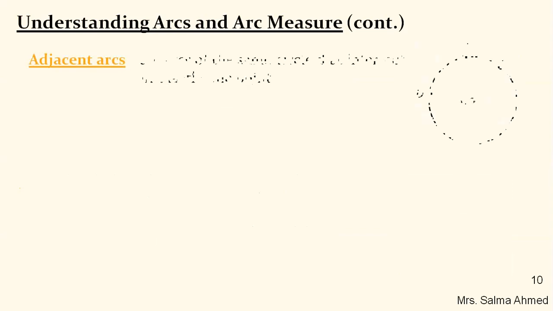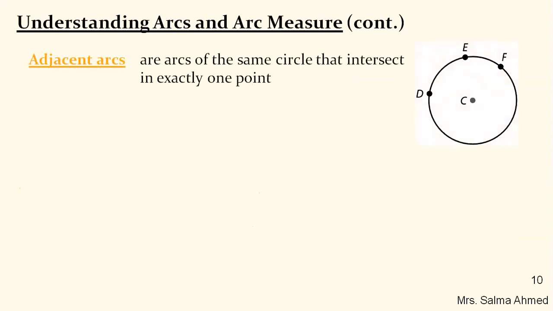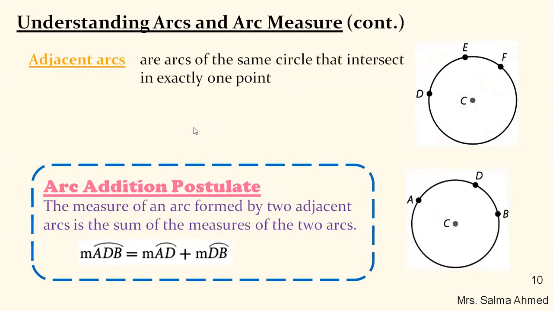Adjacent arcs. What are adjacent arcs? They are arcs of the same circle that intersect in exactly one point. If I have arc DE and another arc EF, they intersect at E. Here we have the arc addition postulate: the measure of an arc formed by two adjacent arcs is the sum of the measures of the two arcs.